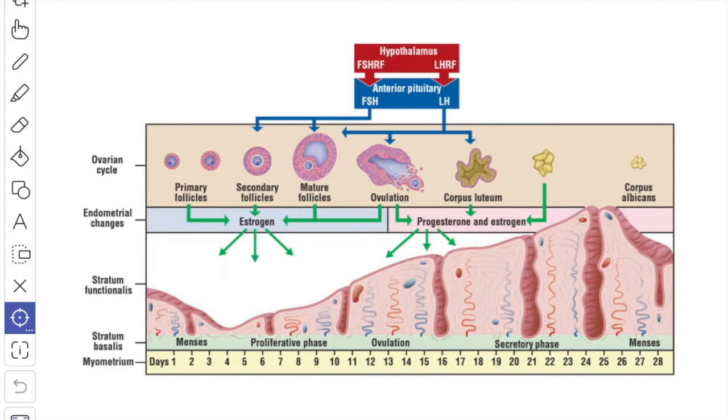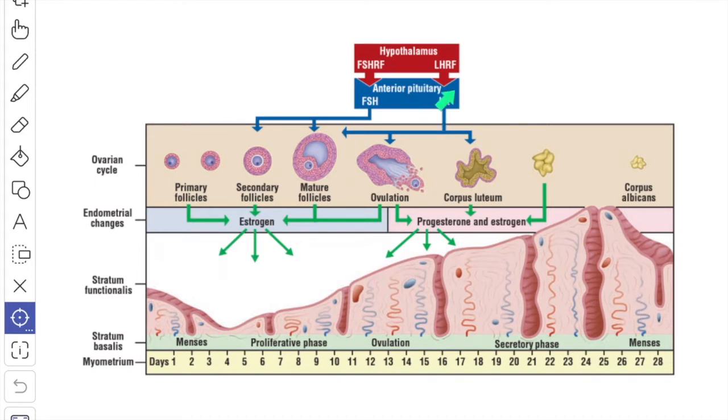It increases the glycogen content of the vaginal mucosa and prevents it from keratinization. Prior to ovulation, the estrogen level in the blood is increased sufficiently to inhibit the secretion of follicle stimulating hormone. At the same time, it stimulates the secretion of luteinizing hormone of the anterior pituitary.